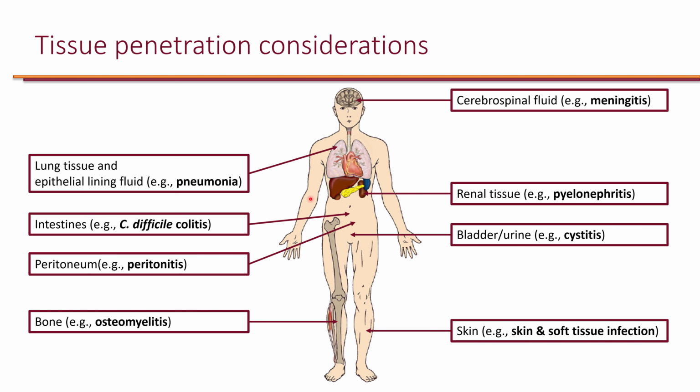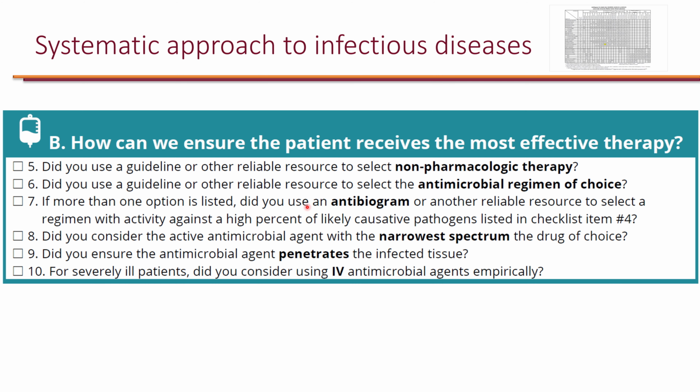Or if you're injecting into the blood, you want to make sure that it can actually go into the intestine. Otherwise, it's not going to get to the site of infection. And for pneumonia, which is infection of the lungs, you want to make sure there is penetration into the lungs and epithelial lining fluid. So penetration is important.